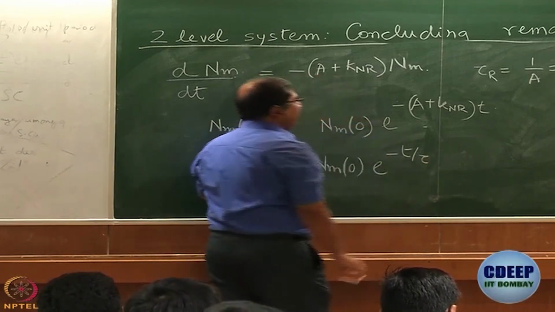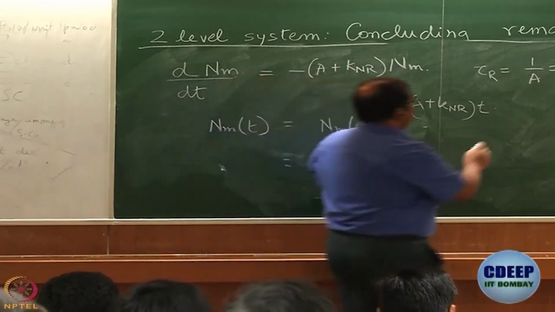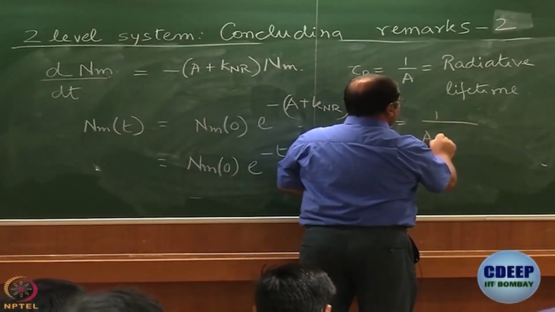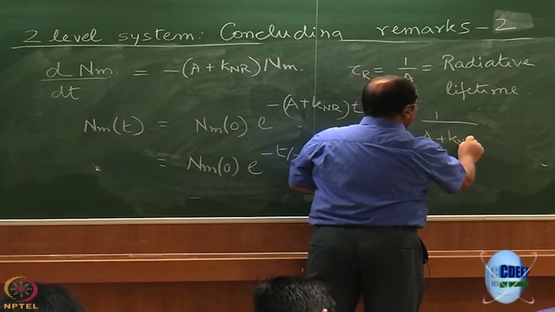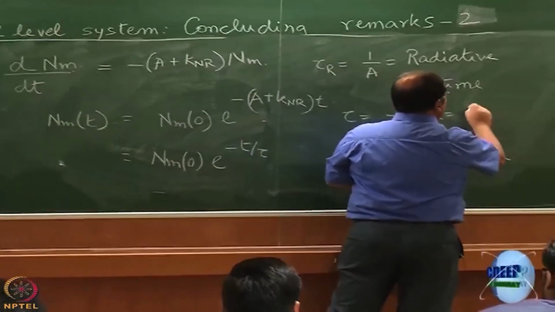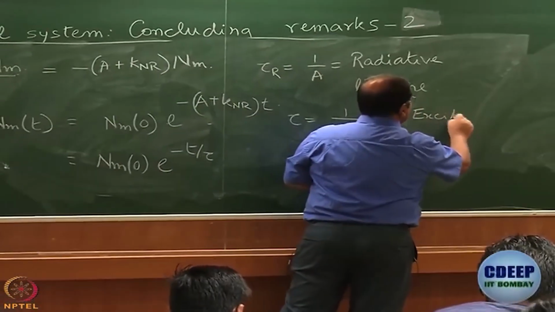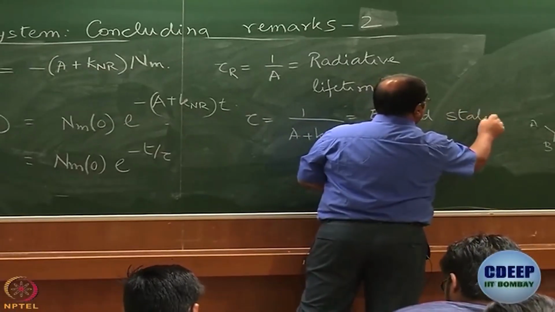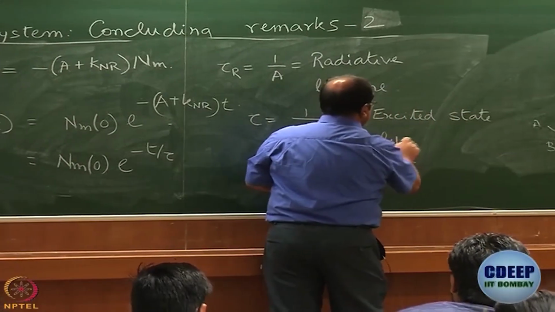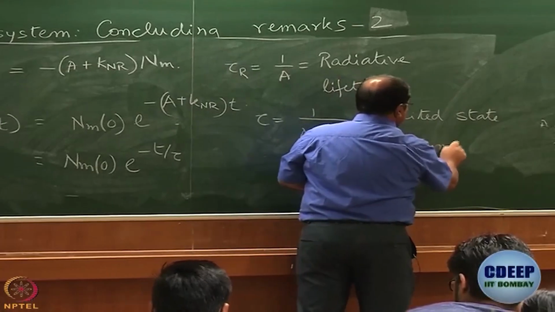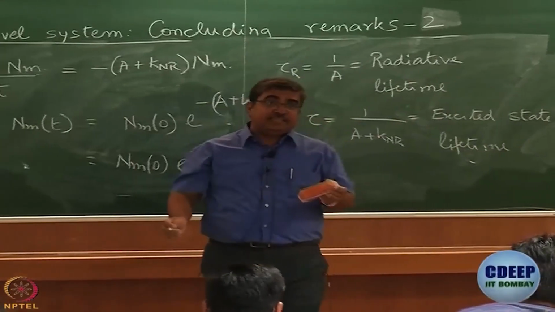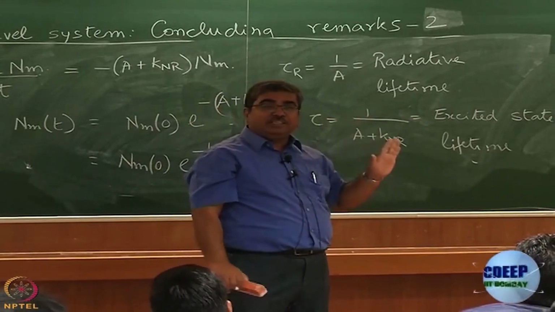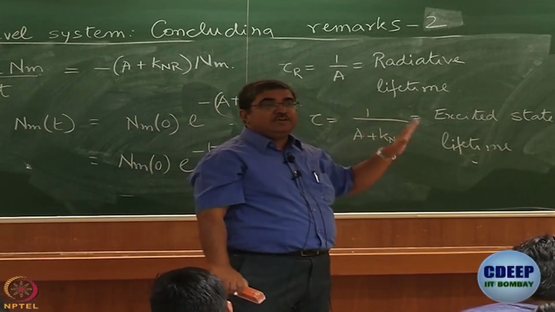Now I don't call it tau_R, I call it tau. So tau is 1 by A plus k_NR. This is called the excited state lifetime. So lifetime of the excited state is merely the reciprocal of the overall rate constant for de-excitation of the state.